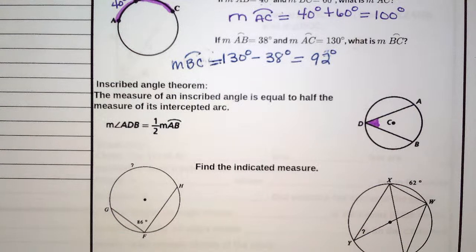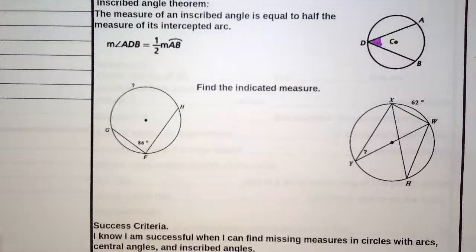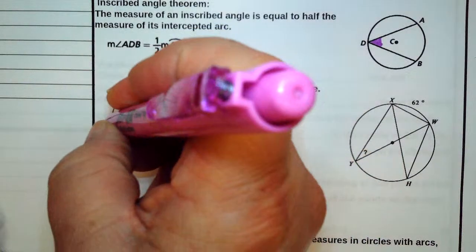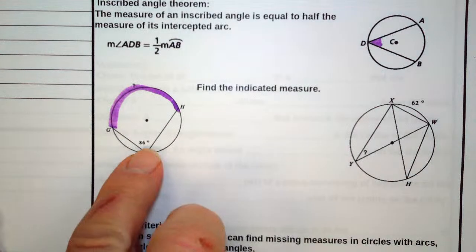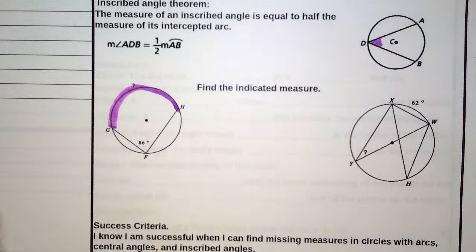So we've got 2 problems here. Each time you will either multiply by 2 or divide by 2. If I am looking for my degree measure right here, I'm going from the inside out. Am I going to multiply or am I going to divide? I'm going to multiply by 2.